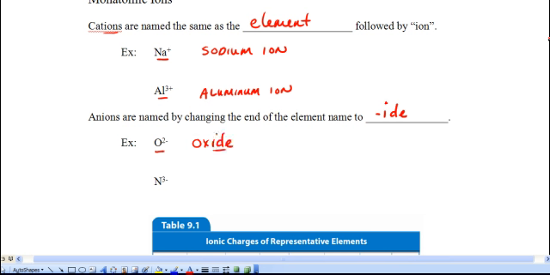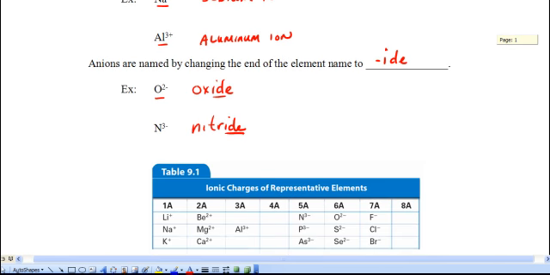Nitrogen, which is a 3- charge in this case, is now called nitride. So that's all there is to it. Cation names do not change from their elements. Anions, the negatively charged particles, have an -ide ending.